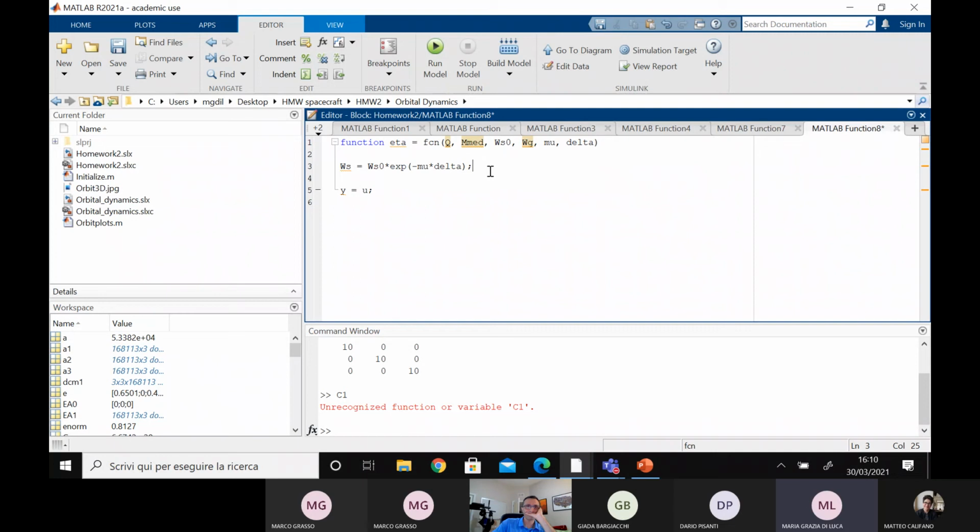Okay, and we need to define the weight matrix. That will be a 6×3 matrix, right? I don't know if I can write it in a more intelligent way.